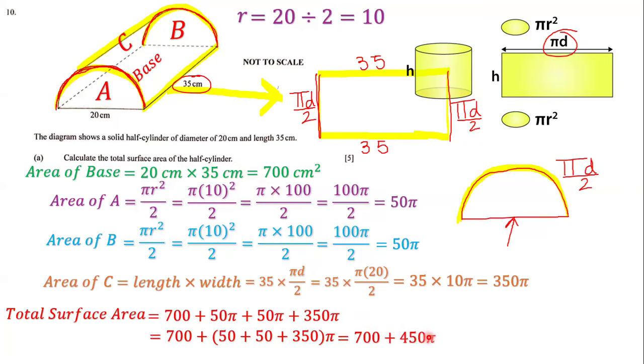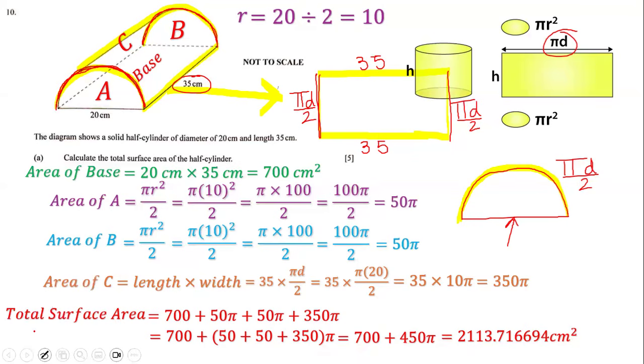Hopefully your calculator has it. My calculator has it, and that gives us 2,113.716694 centimeters squared.